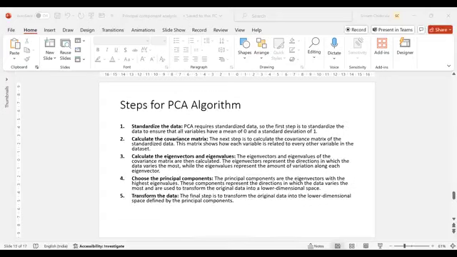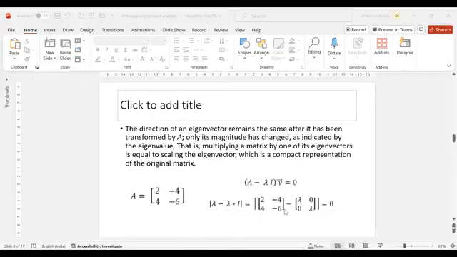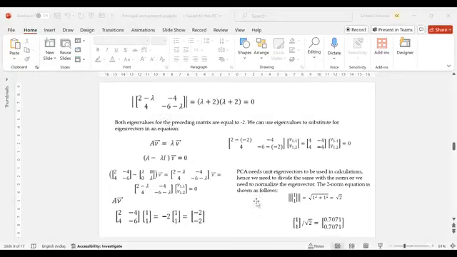Okay. So, this is your equation, right? A minus lambda I. If you solve this, you will get this kind of form.